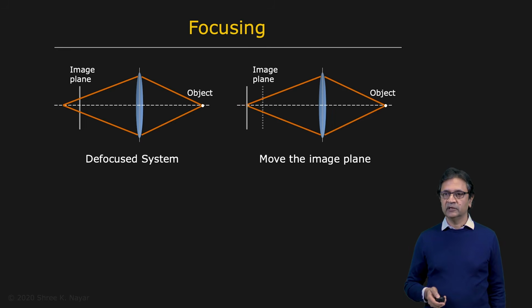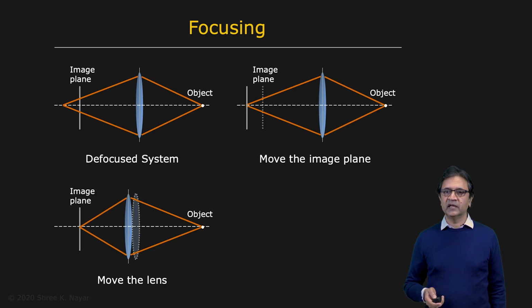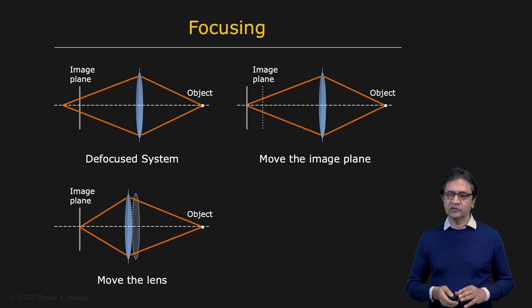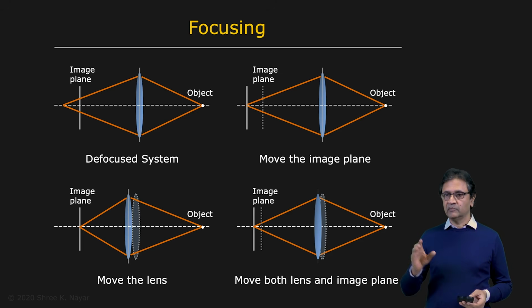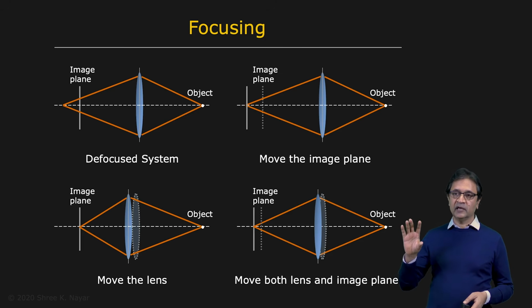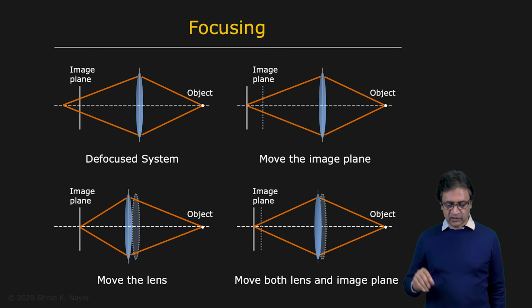That's one way to do it. Or you could move the lens itself, thereby changing the Gaussian lens equation and getting the point into focus. Or you could change both. You could move both the lens and the image plane. For that matter, you could also move the entire camera system towards or further away from the object so as to bring it into focus.